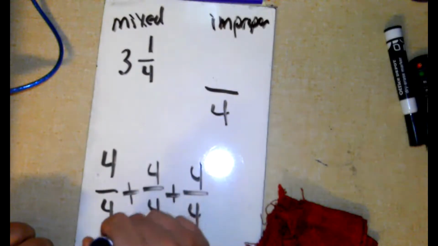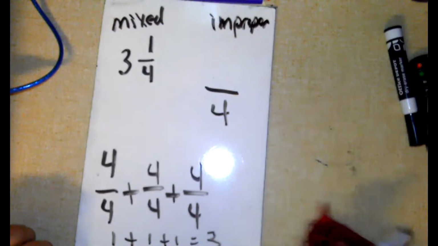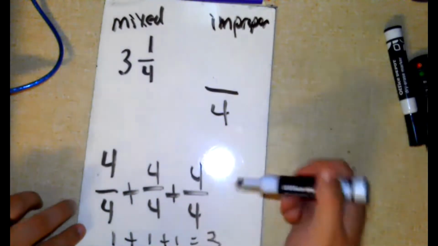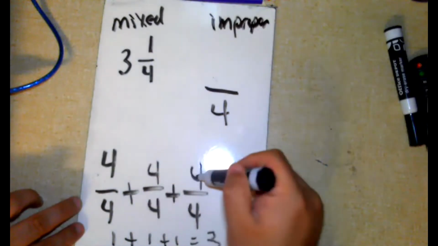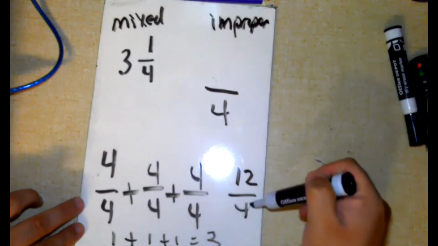This is 1 plus 1 plus 1 equals 3. That's why we're keeping the 4s. So how many fourths do we have here? Let's count. 4, 8, 12. 12 fourths. 12 divided by 4 equals 3.